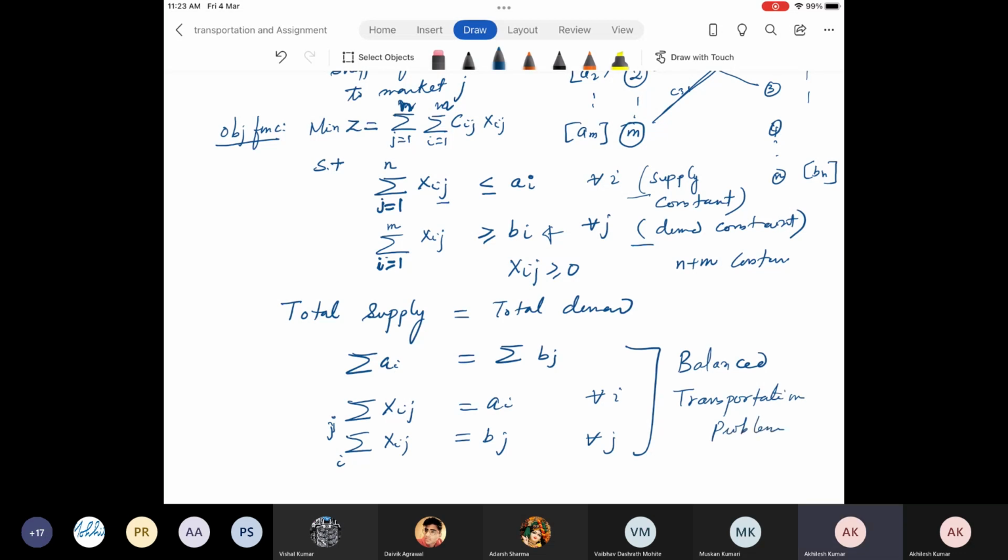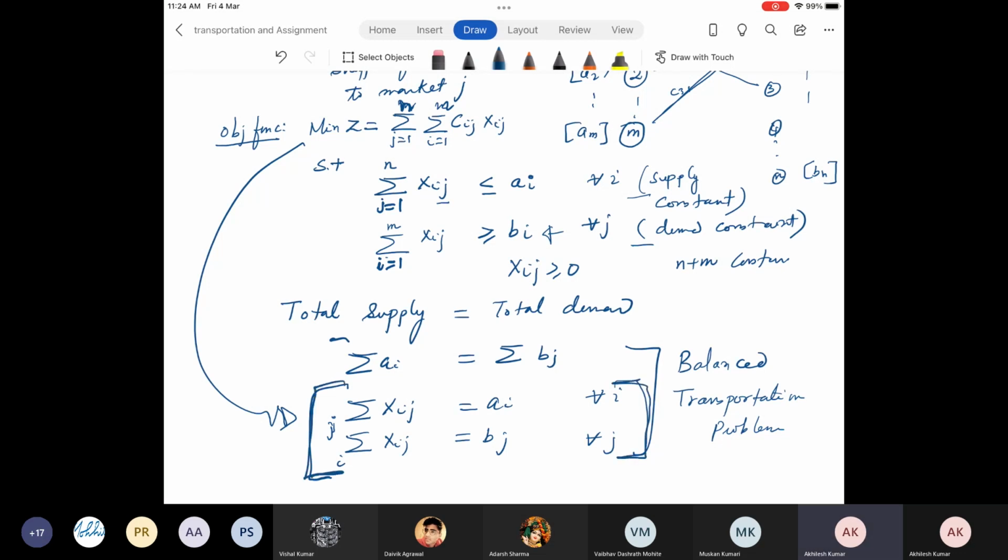So if I try to solve this problem using this formulation, how many artificial variables do I need? Yes, guys, how many artificial variables do we need?